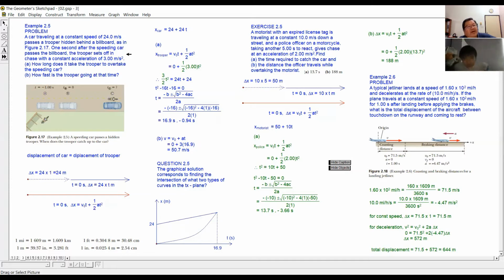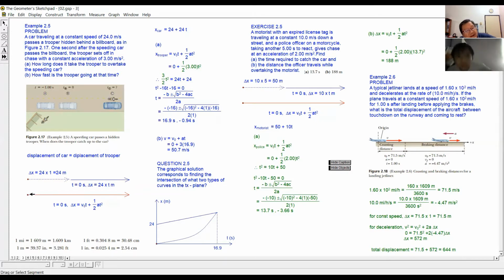So the car has traveled 24 meters, which means the car is 24 meters ahead of the policeman.